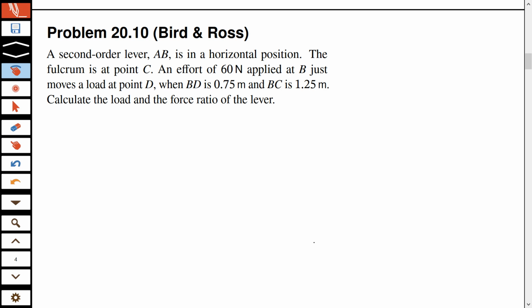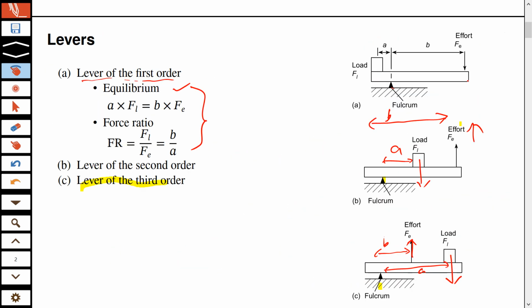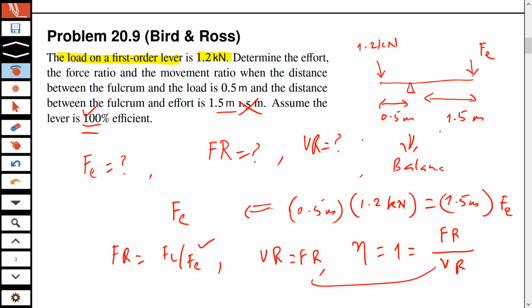The second problem for levers is that this time you have a second order lever AB. So let's say you have a second order lever. Now second order lever means that the fulcrum will be on one side and the load, the second order load is in between.